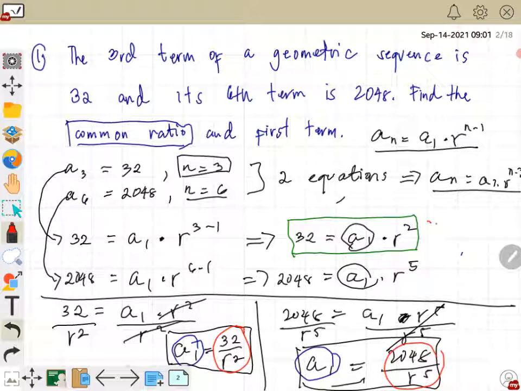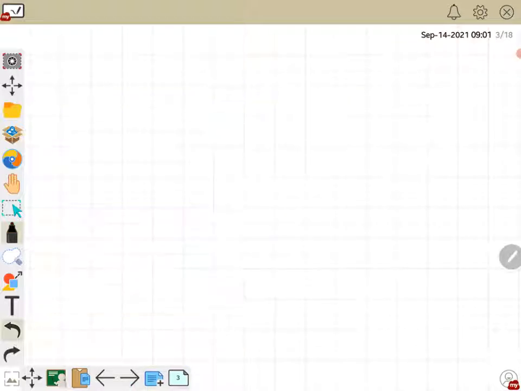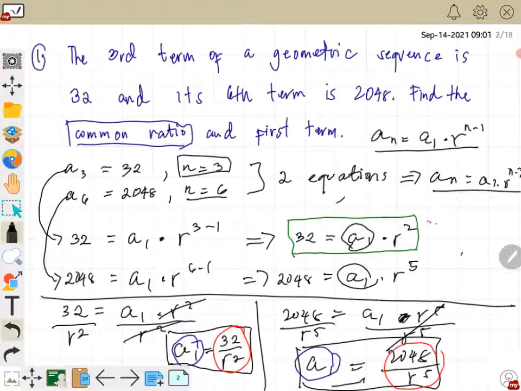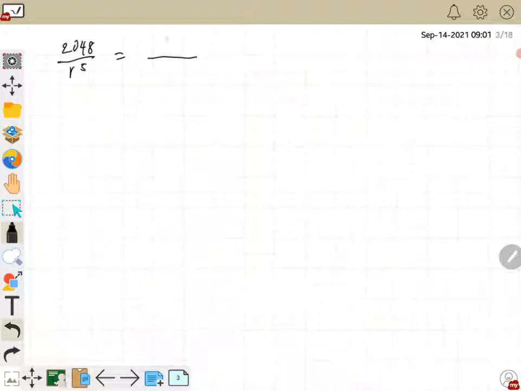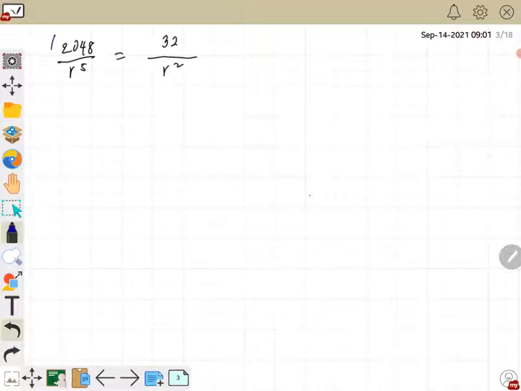So we can rewrite that as 2048 over r to the 5 equals 32 over r square. By this case, I guess we can multiply both sides by r to the 5. That's the LCD.